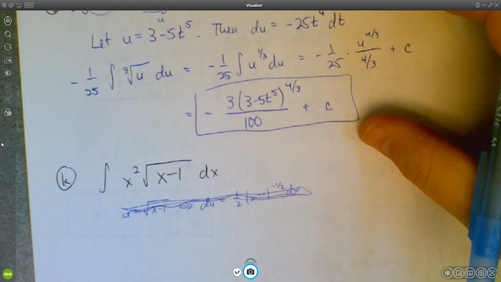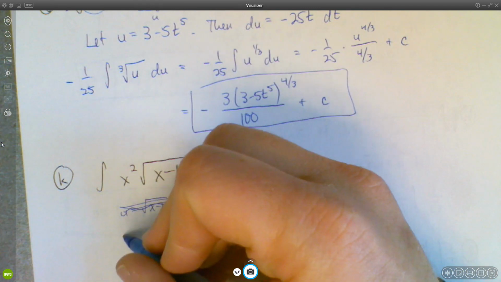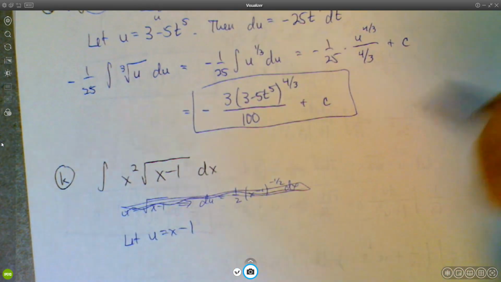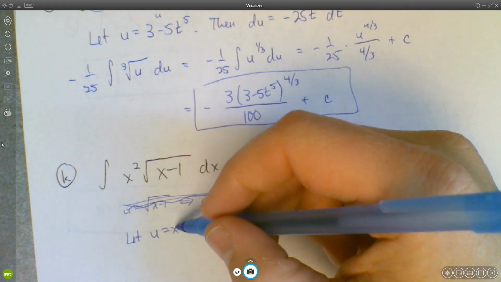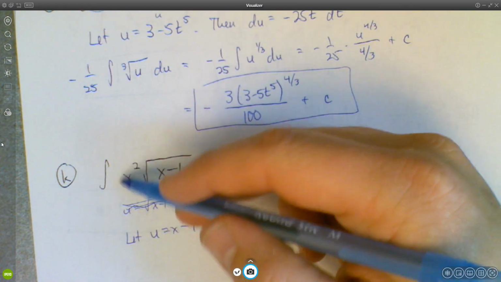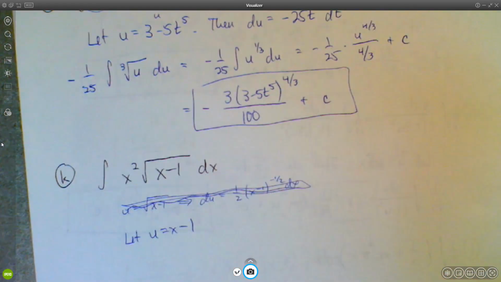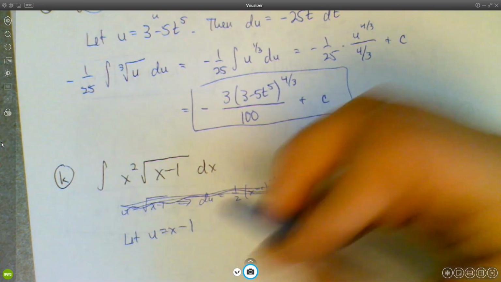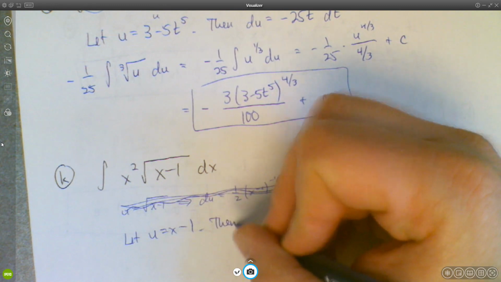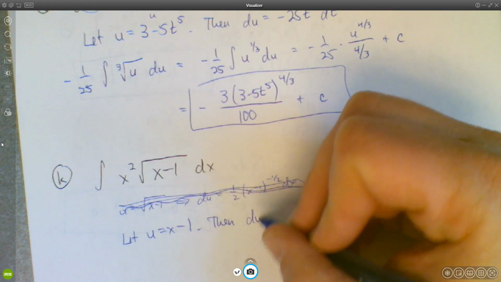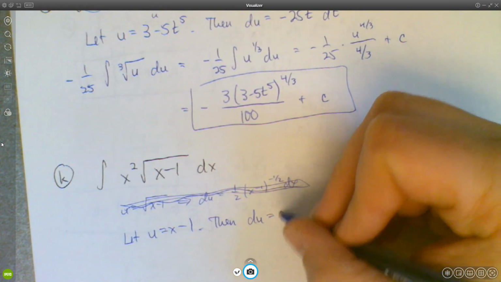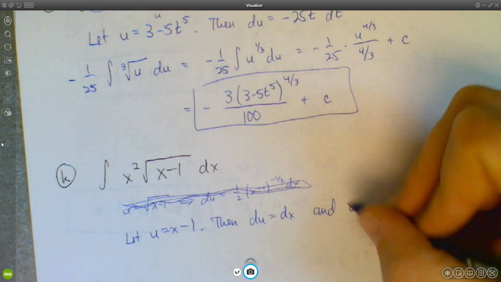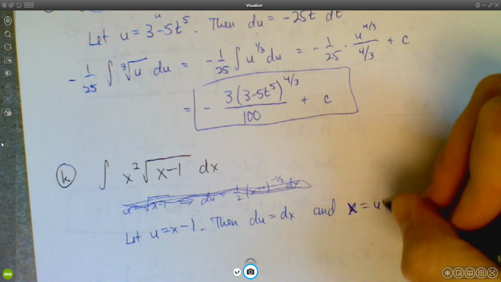So here's what I think we have to do. I think we have to let u be x minus 1, and then that means that x is u plus 1, and we'll just have to replace the x here with a u plus 1. So then du equals dx, and x equals u plus 1, right?